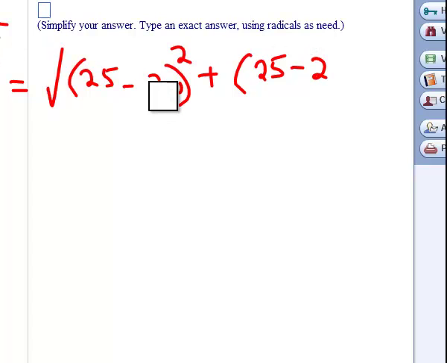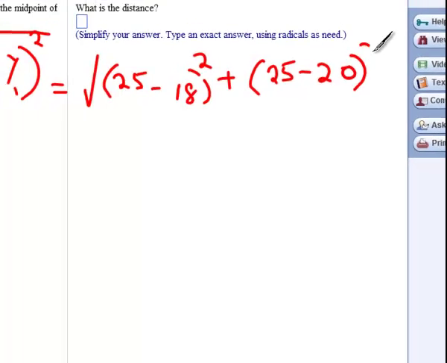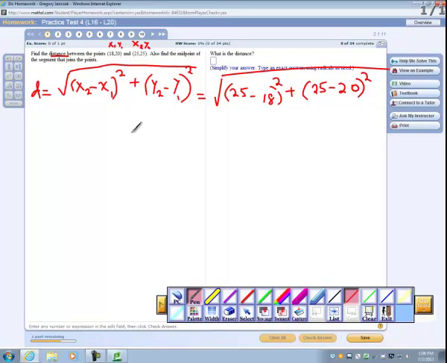This should be 25 minus 18 here, for the x's, x2 minus x1, and then y2 is 25 minus 20, close parentheses squared. All right, so we get 25 minus 18, and so that'll be the square root of 7 squared plus 25 minus 20, that would be 5 squared.